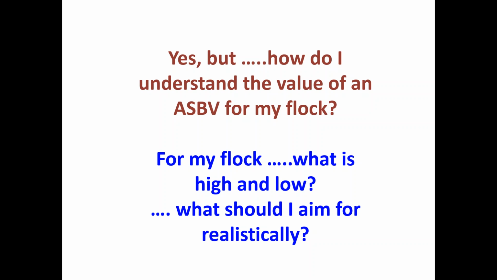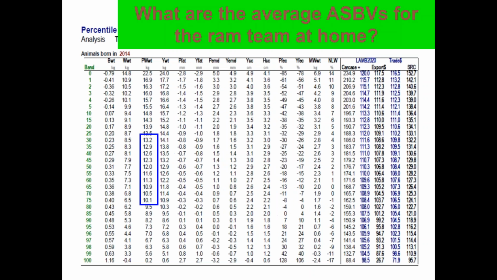The other part of the job then, once you've got a feel for what the numbers mean, is where does my flock lie. So what I've got on that slide is the percentile band table, and I've just covered the range in performance that my flock that I'm buying rams for covers.